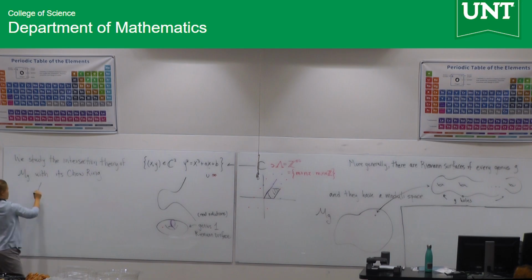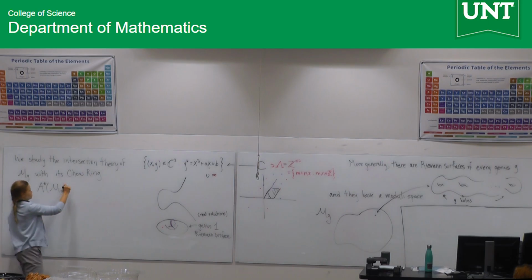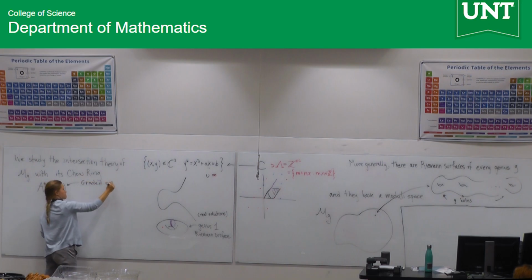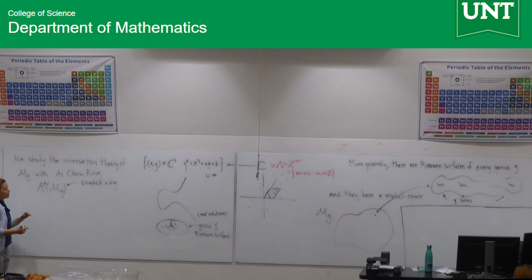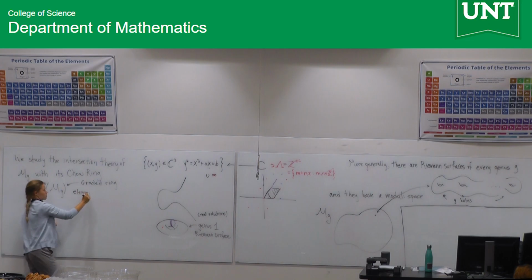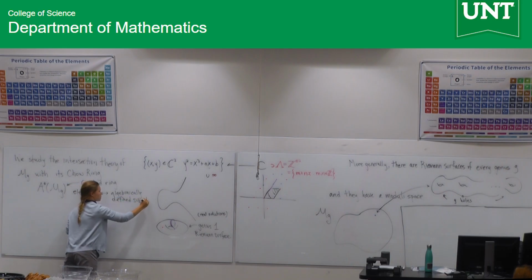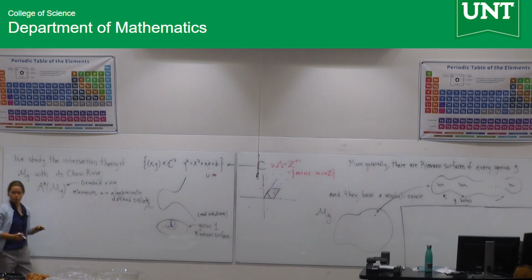So this is a graded ring where the elements in this ring correspond to the algebraically defined subsets up to some equivalence relation.